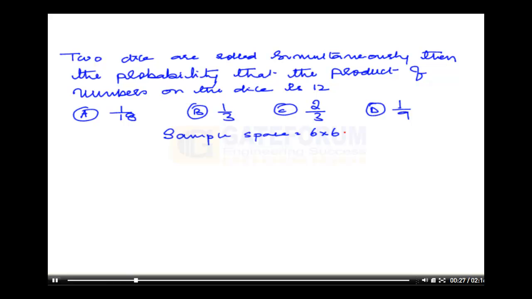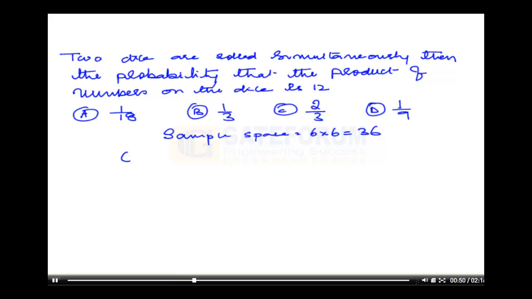Therefore, for 2 dice, 6 into 6, 36 possible outcomes are there. Out of these 36, we have to choose those outcomes where the product of the two numbers is 12. So first we can list out the pairs of numbers whose product is 12.